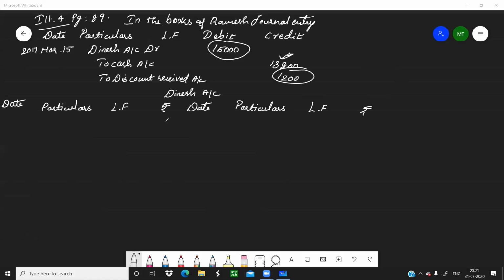That's all. Okay, Dinesh account. So Dinesh account is a debit balance. So Dinesh account on the debit side, 2017 March 15. So to cash account and to discount received account.